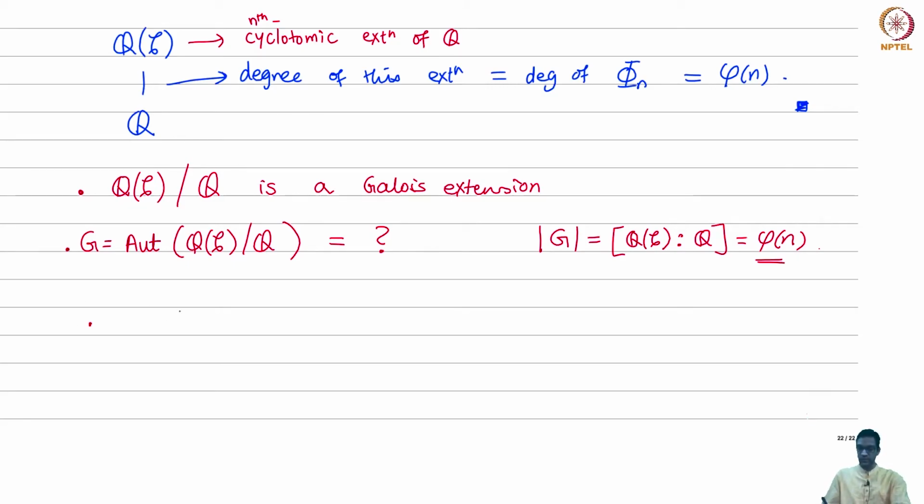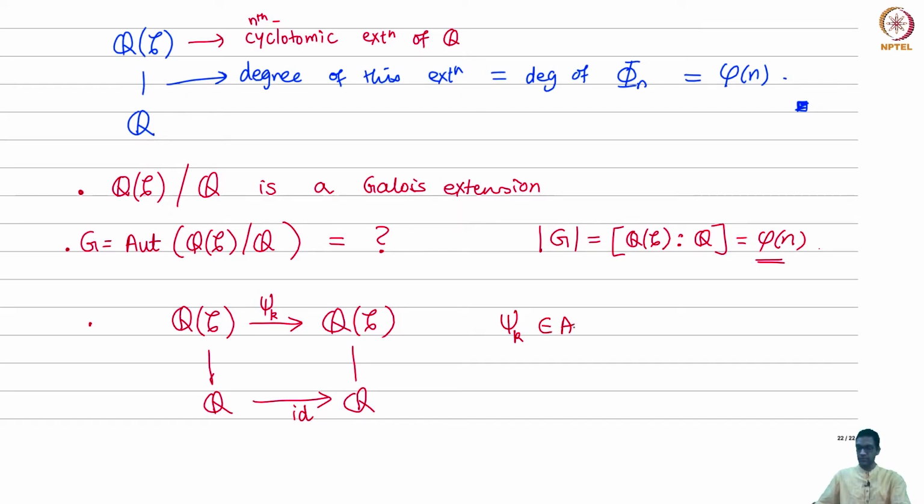Recall, we are looking to construct automorphisms of the field Q(zeta). I'm going to construct maps which I'll call psi_k, such that when I restrict them to Q, they give the identity map on Q. Psi_k should be a field automorphism of Q(zeta).